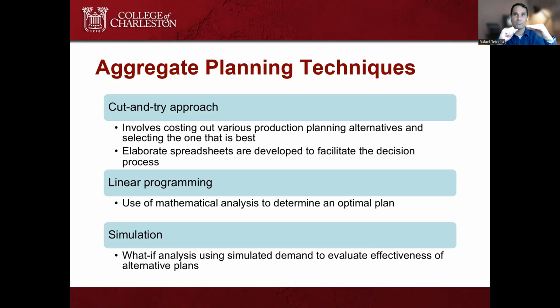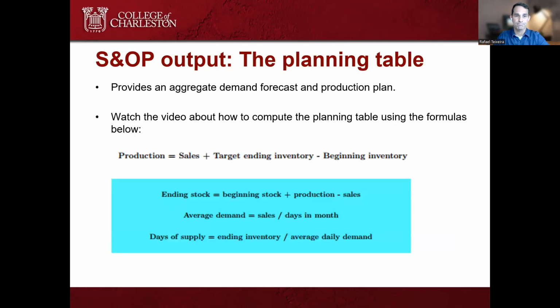I have to buy more material. Okay, let's change another thing. Let's say I increase the number of chairs I'm producing, what happens with everything else? That's what simulation is. So these are the different techniques to help plan and see what's going to happen with all the company's variables.